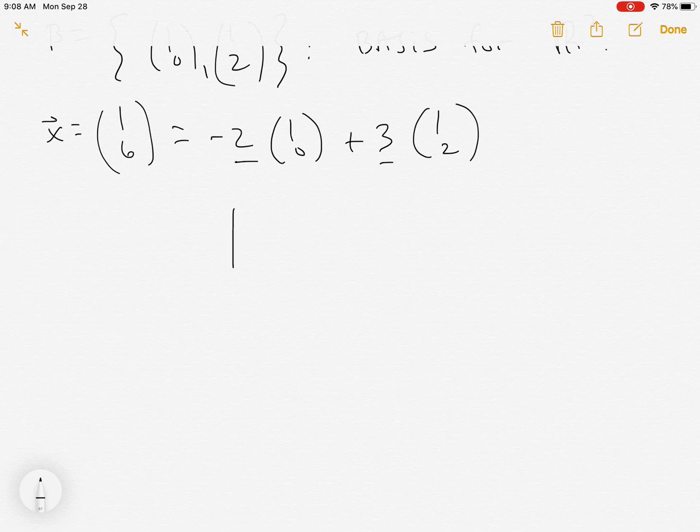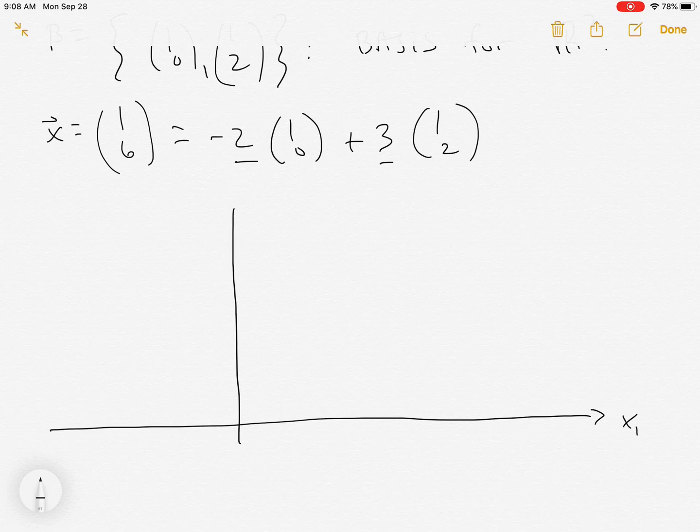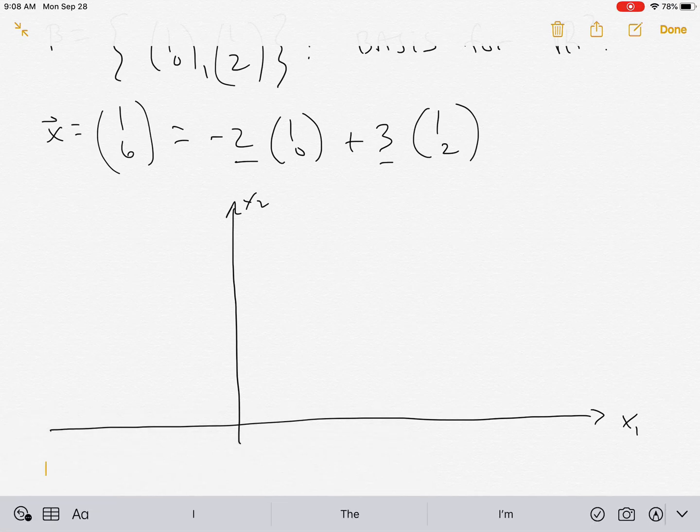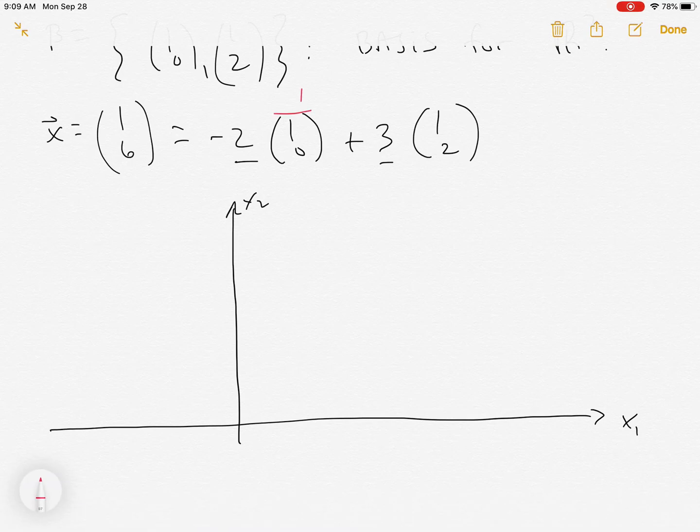So, okay, this still imposes a coordinate system, only now it looks a little different, right? So basis vector 1 is B1 here. That's actually equal to E1, so I'm just going to put that guy here. Right, so there's B1. But our vector 2 is this guy, B2.